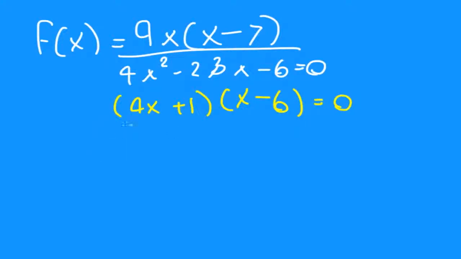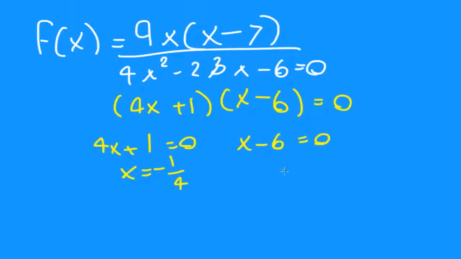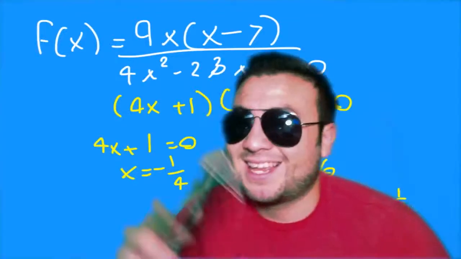Then you take this and solve for x. 4x plus 1 equals 0, so x equals negative 1 over 4, and x minus 6 equals 0, so x equals 6. And your domain would be this: x is not equal to 6 and negative 1 over 4.